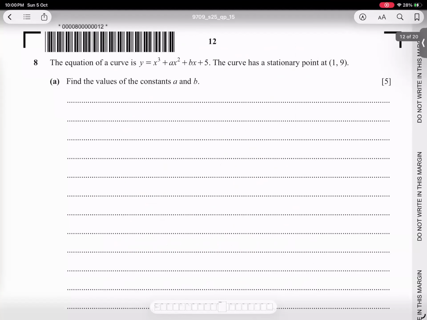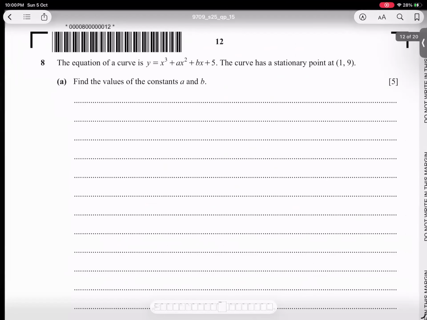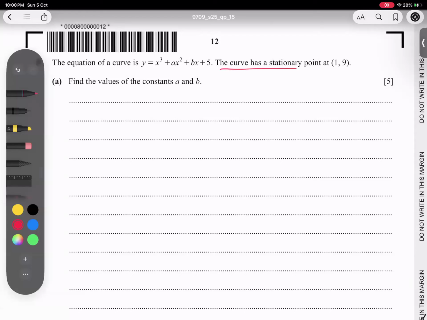Question number 4: the curve has this stationary point. Find the values of a and b. So first of all, what does stationary point mean? It means the derivative is equal to 0, when x is equal to 1, and y is also 9.